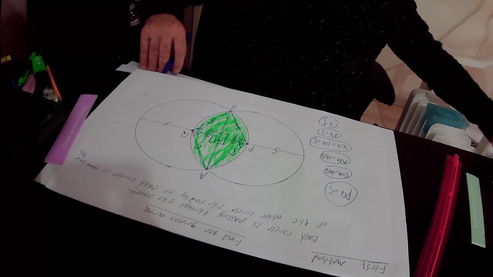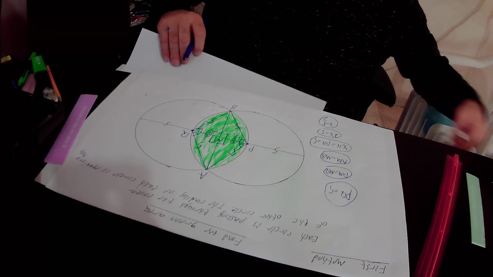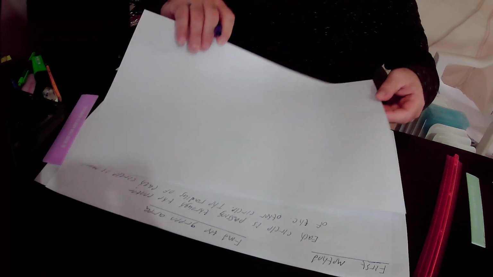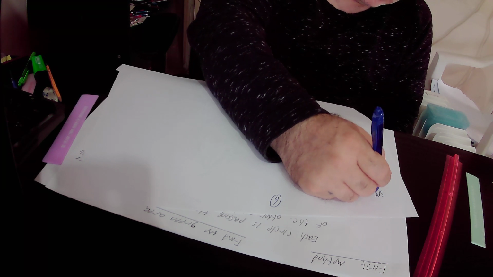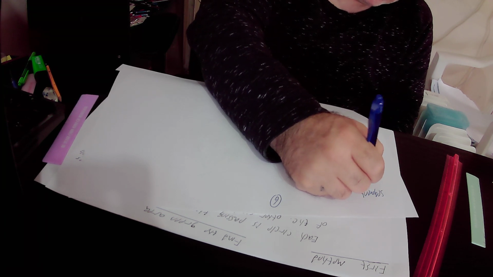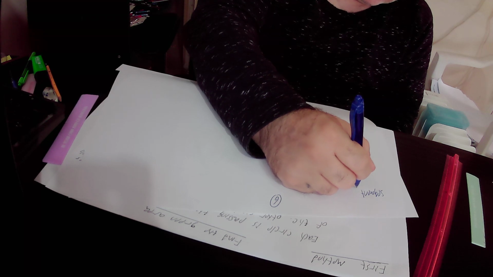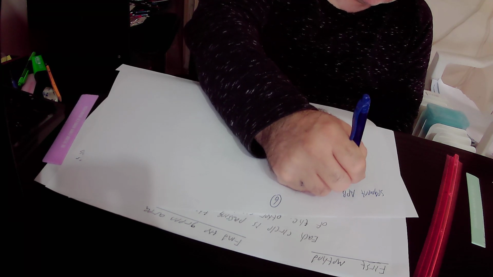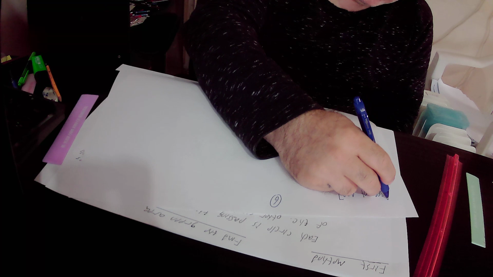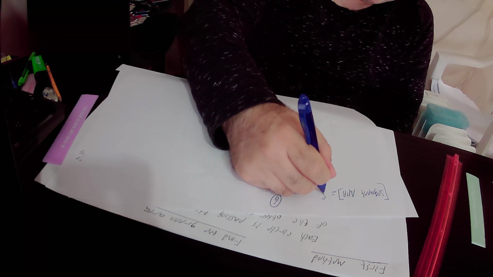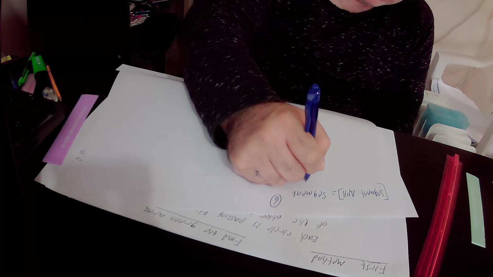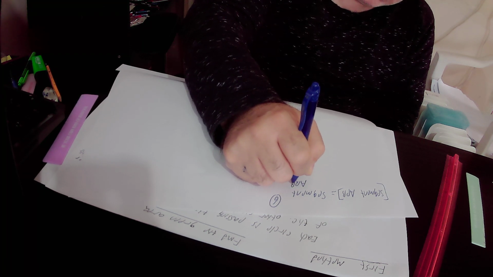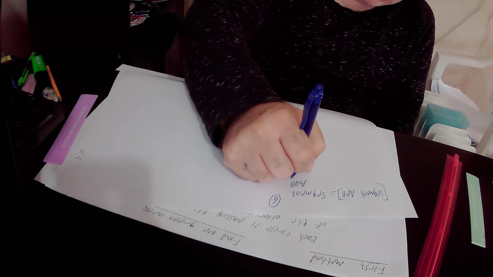So we can write down that the area of segment APB is equal to the area of segment AQB.